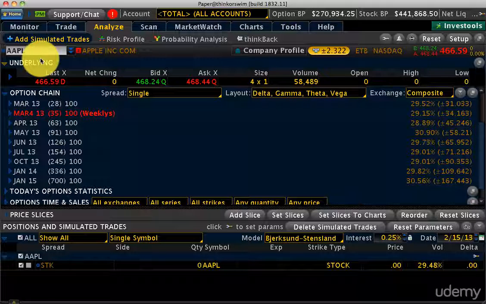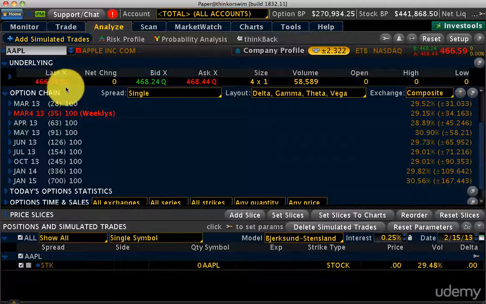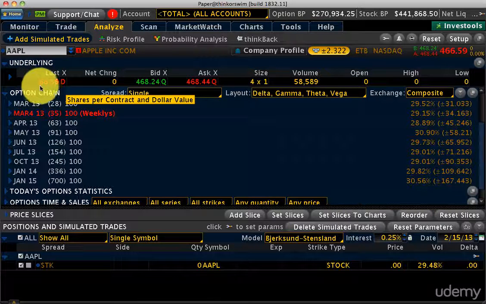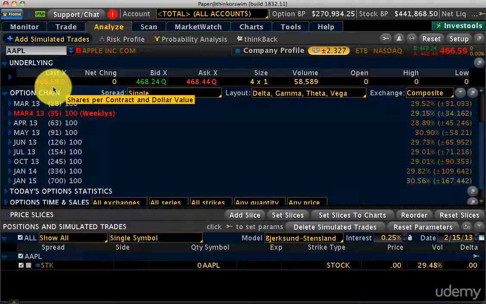So in this example, what we are going to see is somewhat the opposite. Let's say you already bought Apple. So you already own 100 shares of Apple, and you bought it perhaps at $400 or $425, whatever the case might be. You're seeing a little bit of a profit, and you want to cash in, you want to sell Apple at a price that is acceptable to you.